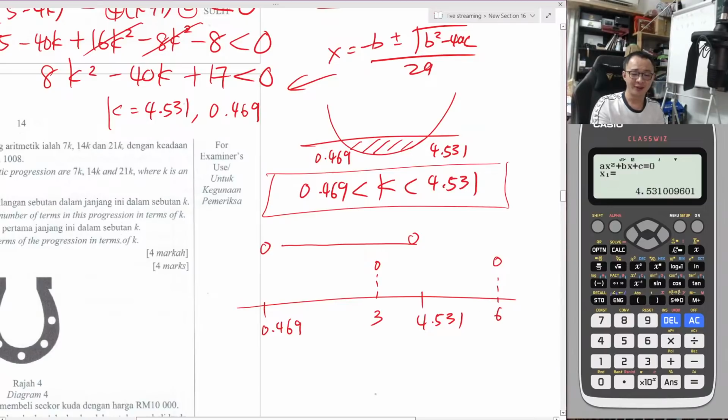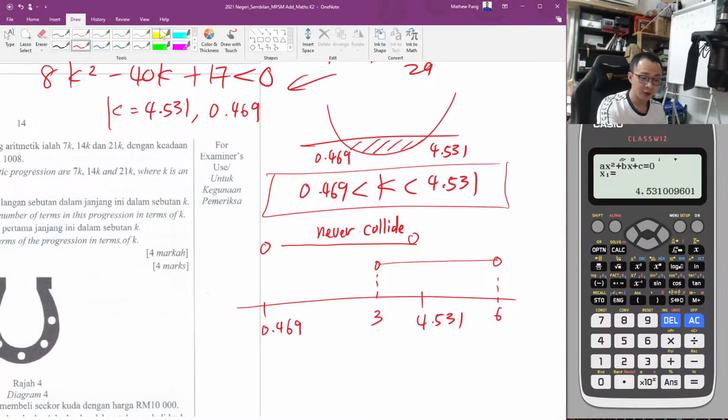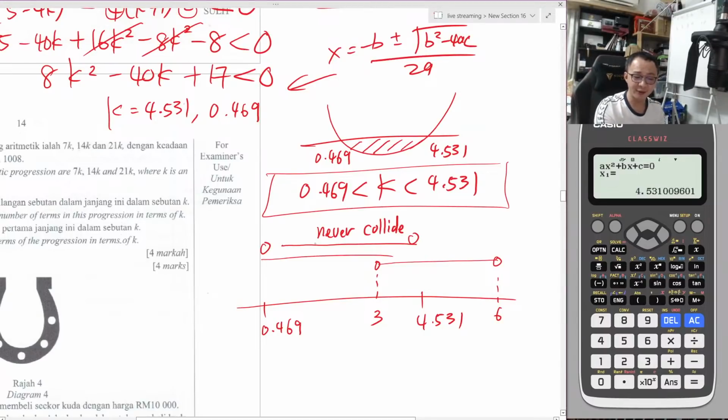Okay, but you should know this one means never collide. So that means from here I cannot have this part, because from all the part here, where's my highlighter? From all the part here, the asteroid and the planet will never collide.